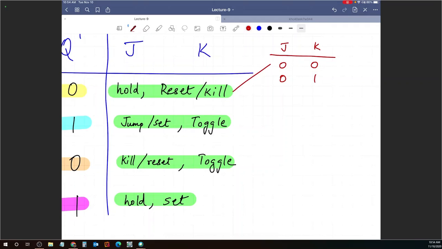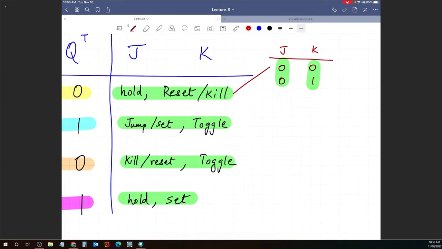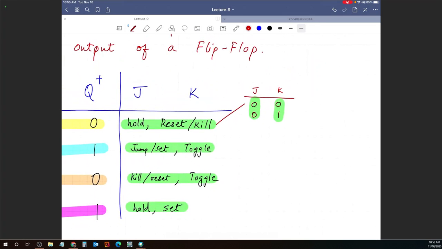Which means for the first entry, I need J to be 0 and K doesn't matter. So I'm going to get my first entry in the table, for J and K, as 0x. You guys see how to get this?